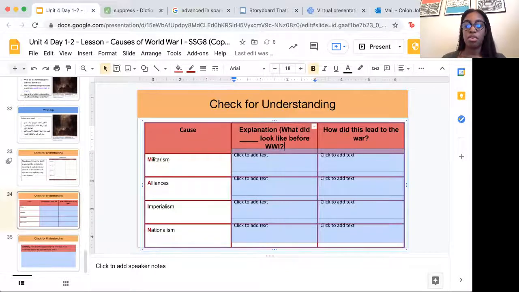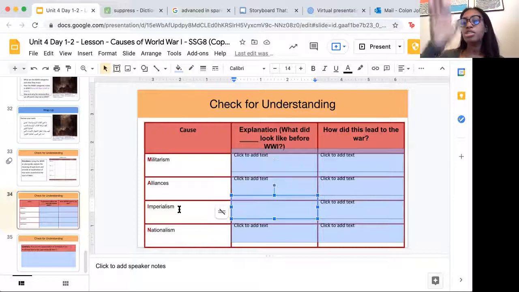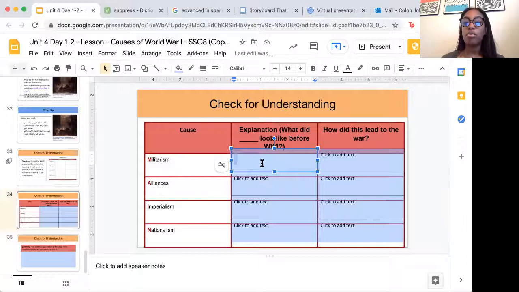right? So many countries were building up their militaries, alliances. Many countries were becoming allies because of X, Y, and Z. Many countries wanted to expand, right? So you can also provide your students with sentence starters, right? So before World War I, and then you fill in the blank, right?